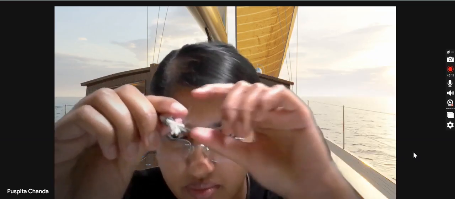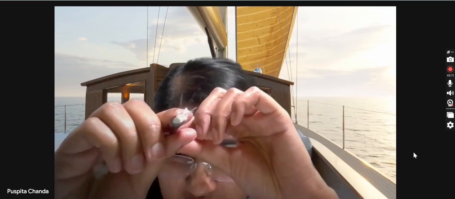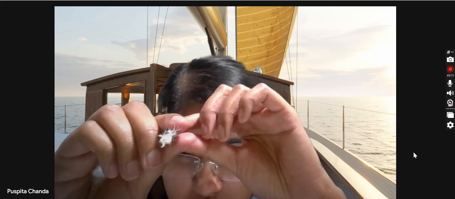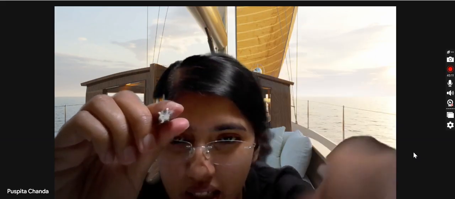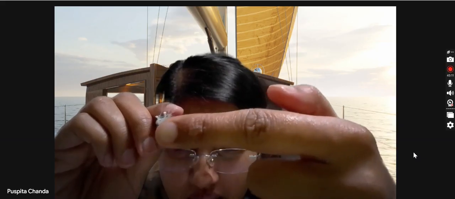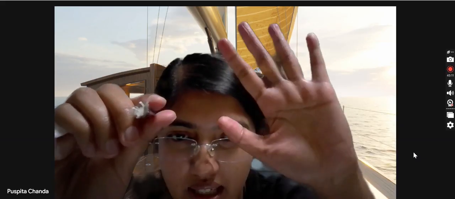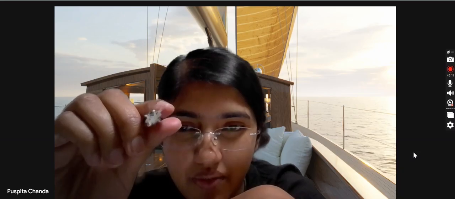In the cross section, this white portion contains six optical fibers.